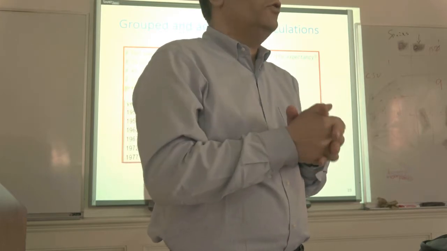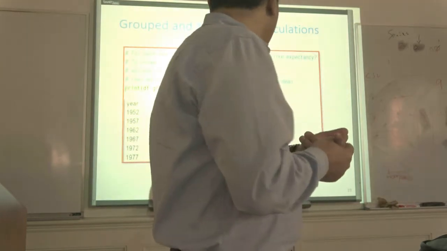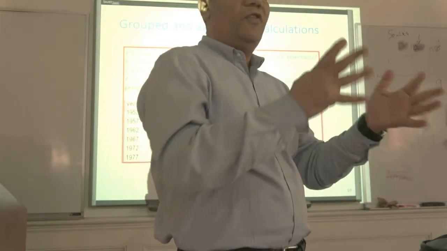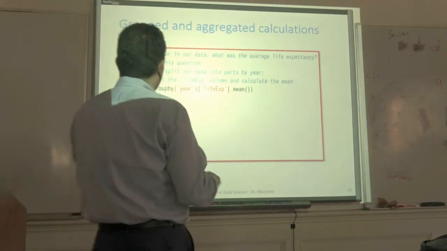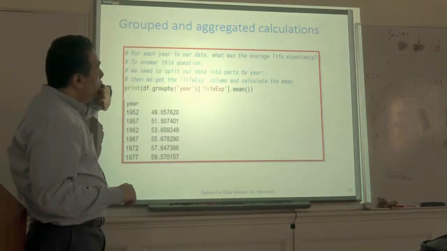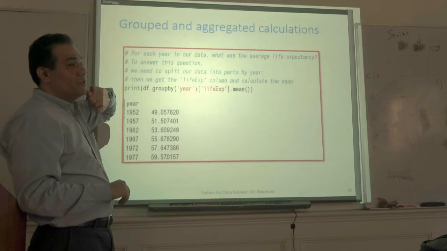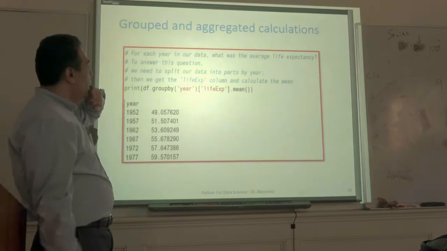Or I would like to, for example, get some information specific to a continent. I could do that. So in here, for each year in our data, what was the average life expectancy? What is the average life expectancy? So how do we do that?